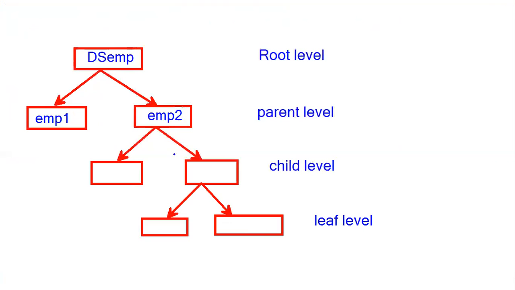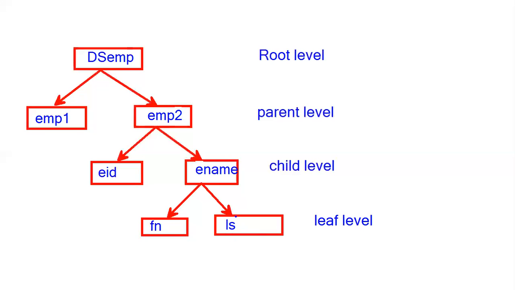For employee 2 I am taking the employee ID, employee salary, and employee name. In this employee name I am going to take the first name and last name. Like this we have to construct it. This is the representation of the hierarchical management system. In this way they store data in the hierarchical management system.